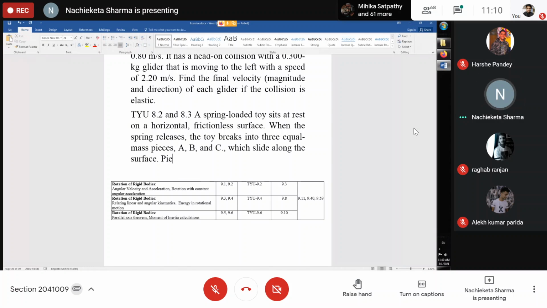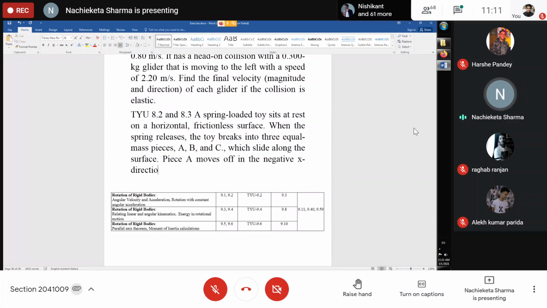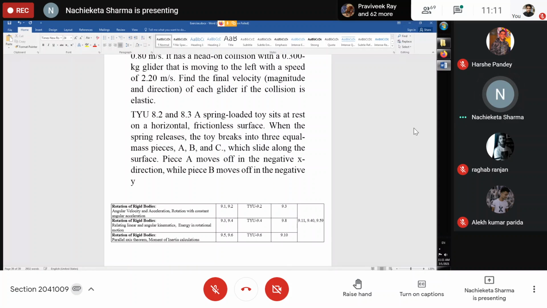Piece A moves off in the negative x direction, while piece B moves off in the negative y direction.